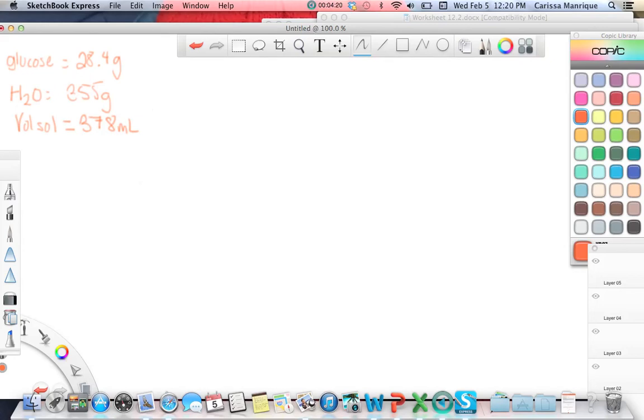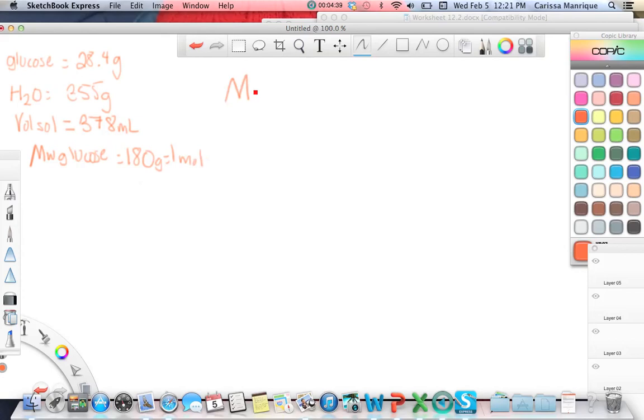Okay? So the molecular weight of glucose, and that's just sugar, is 180 grams per 1 mole.